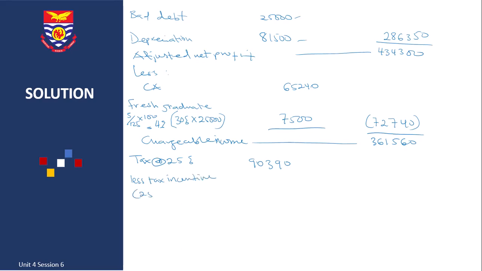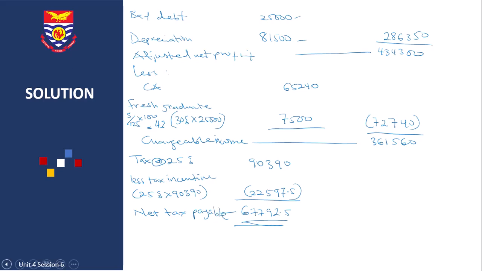So we have 25% times 90,390, and this is 22,597.5. When we deduct, we are going to get a net tax of 67,792.5. So the company is liable to a tax of 67,792. So net tax payable.